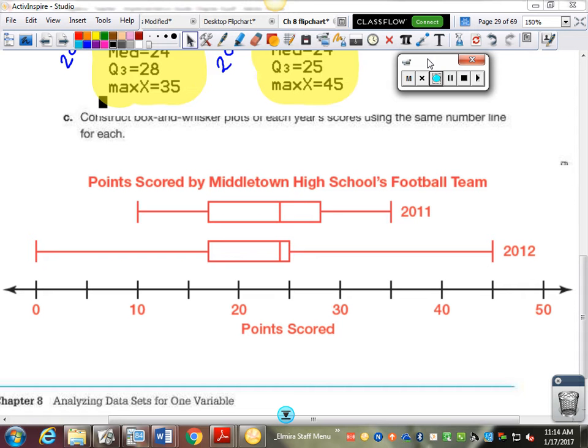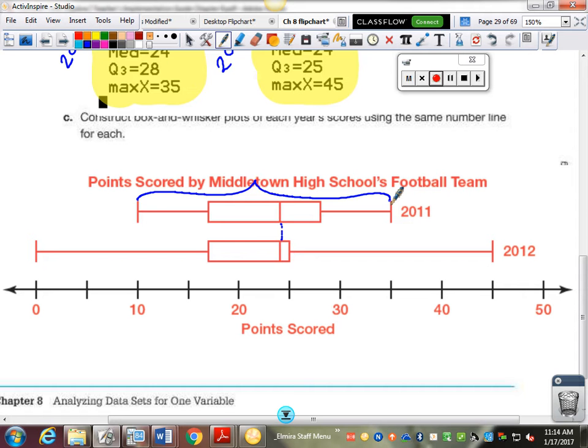And let's look at some things that we're seeing here. First of all, the medians are the same value. They both have medians of 24. In 2011, their spread is much shorter.